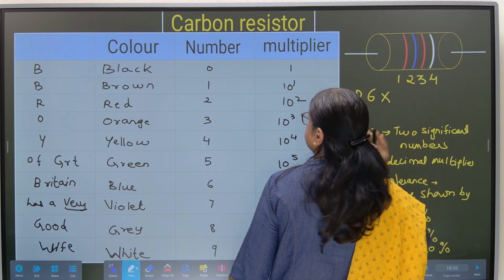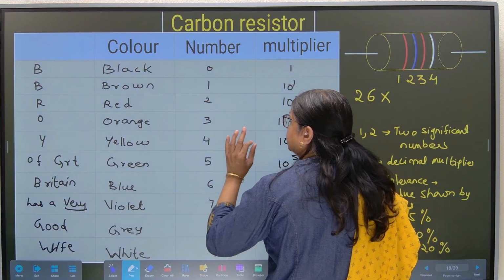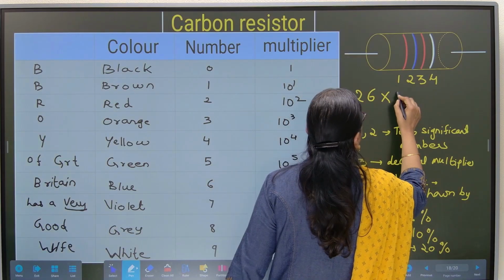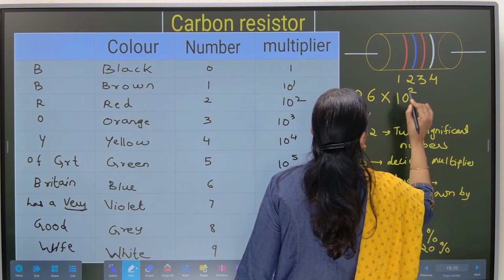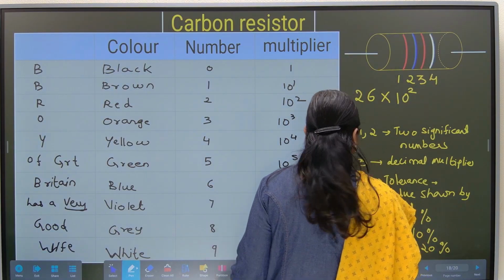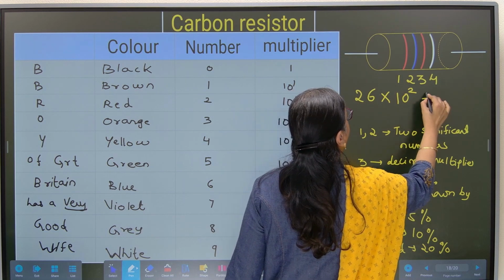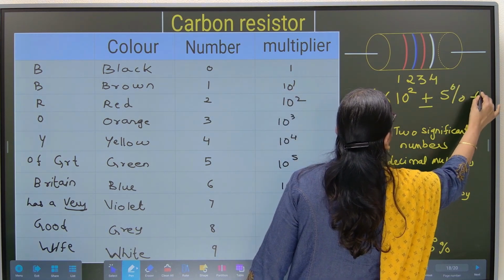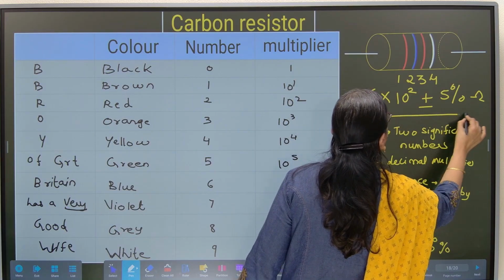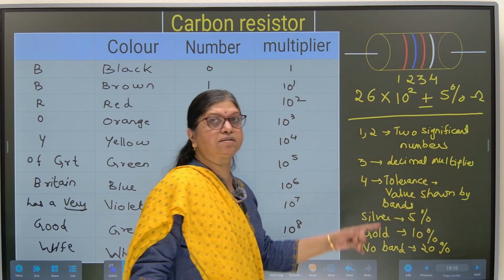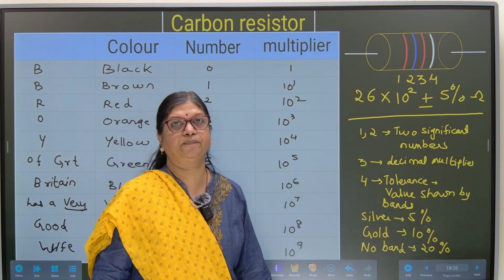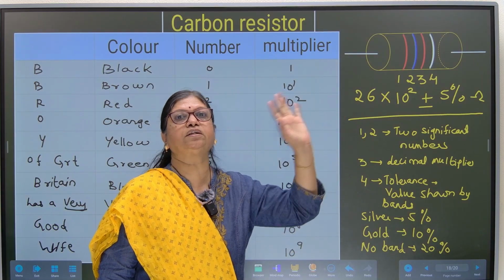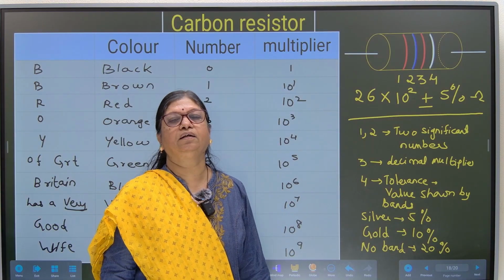The third digit is a multiplier, but the third band is red, so 2. So 10 raised to 2. The last band is silver, so tolerance of plus or minus 5%. ohms is the value of this resistance for this resistor. Fine. Okay.